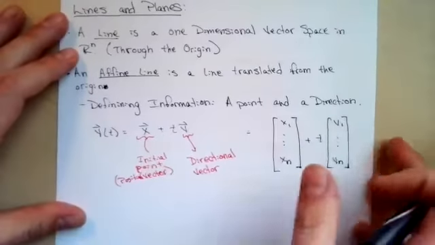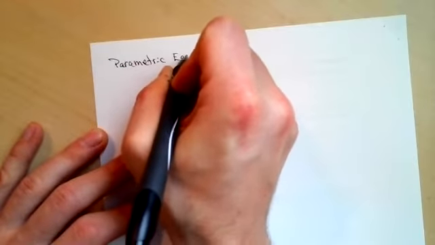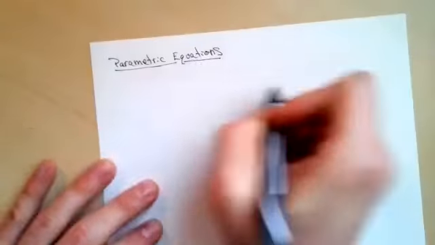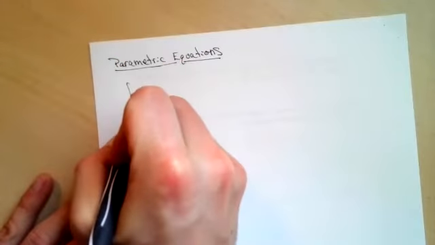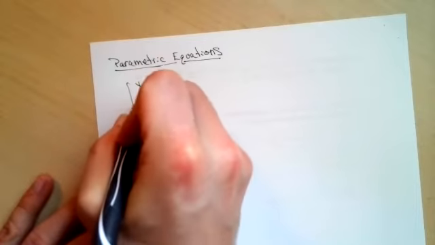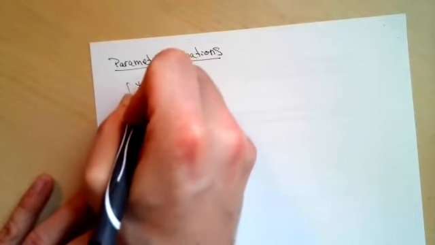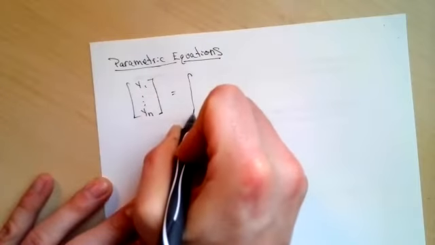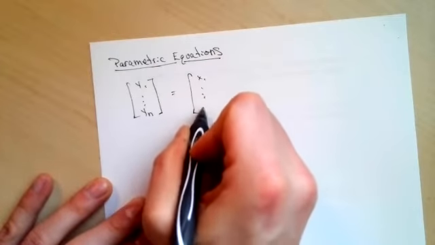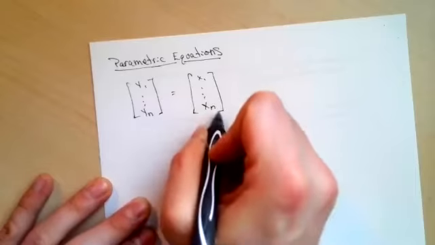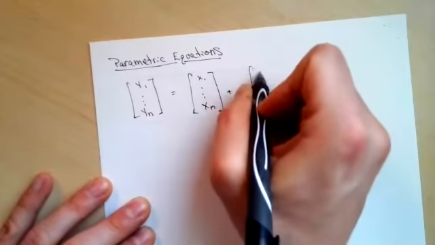So from this, we can deduce our parametric equations. So we've got, and let's list our dependent variables here. Our equation had y equal to x vector plus t times our directional vector.